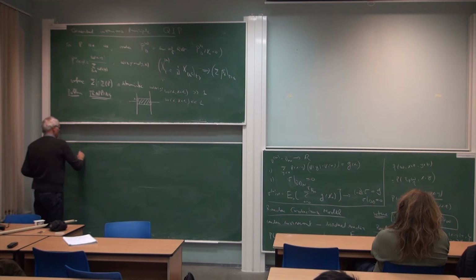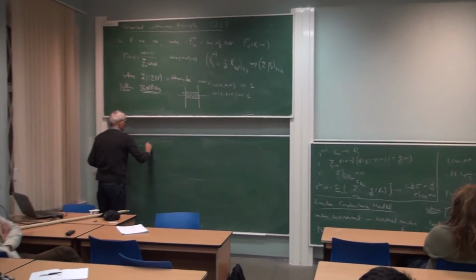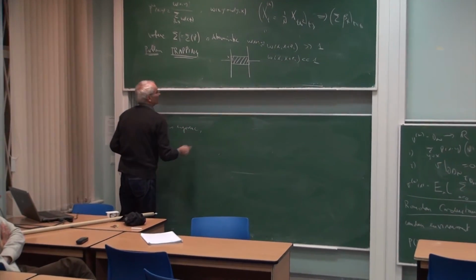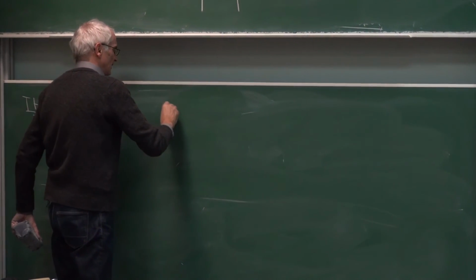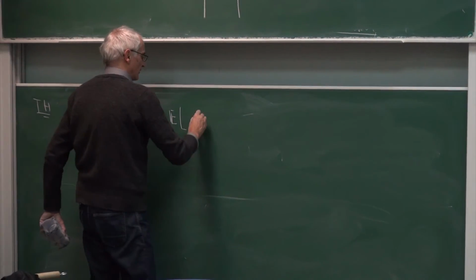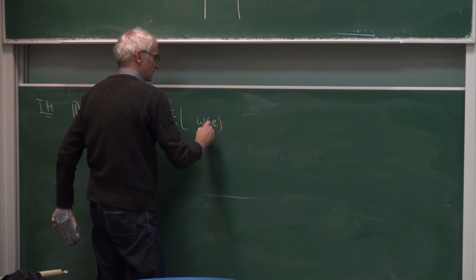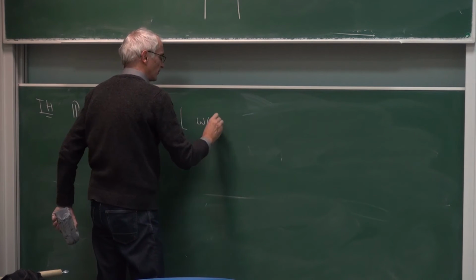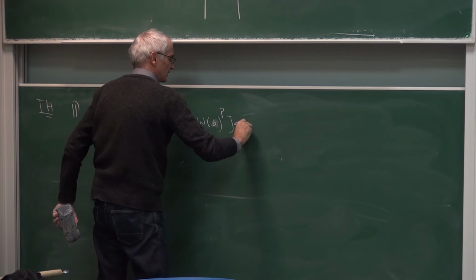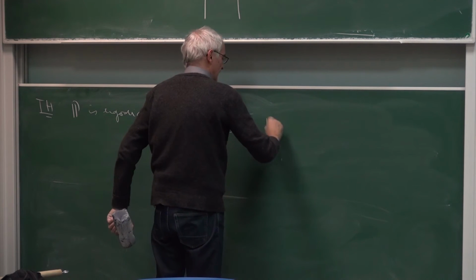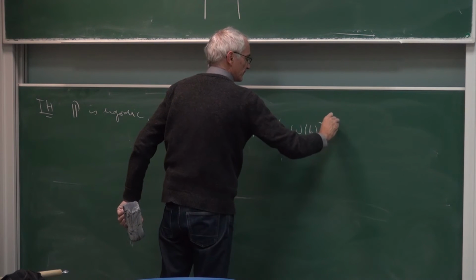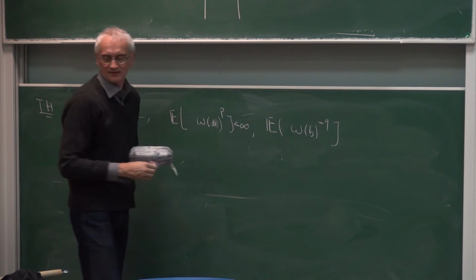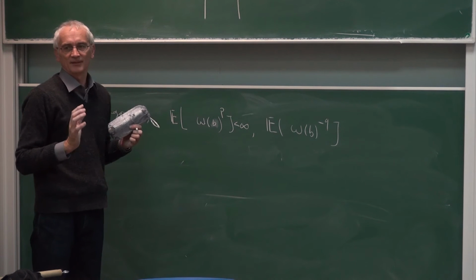Say P is ergodic. So we have a random conductance model, and then we have the following moment condition: expectation of omega of e, or b, sorry, b for bond, to the p is smaller than infinity, and expectation of omega of b to the minus q is smaller than infinity. So you see, you have 2 dangers with trapping.